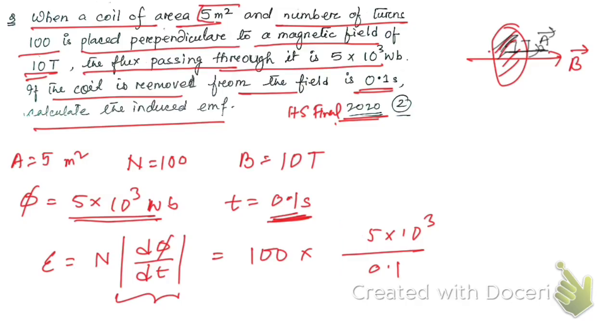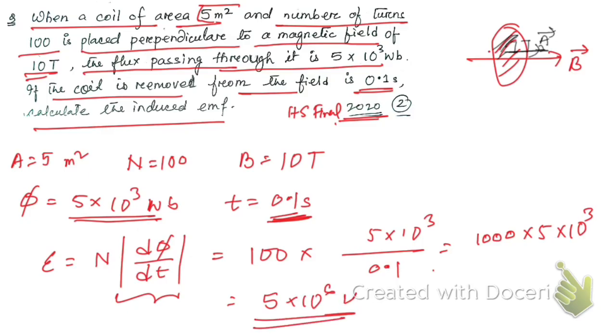As we have a decimal, we can remove it, so we get 1000 into 5 into 10 to the power 3, and if we multiply this, we get 5 into 10 to the power 6 volt. So this is the induced EMF. Hope you understood this.